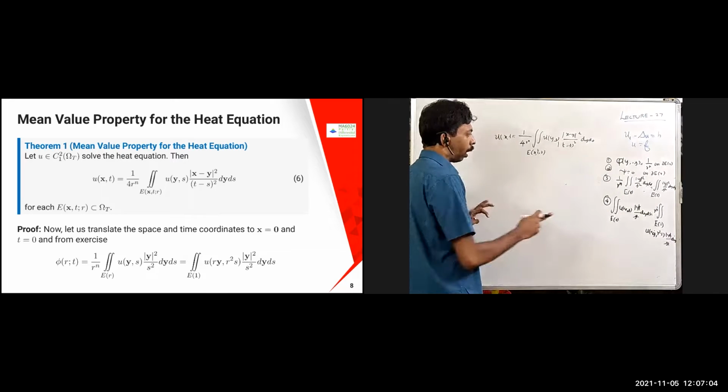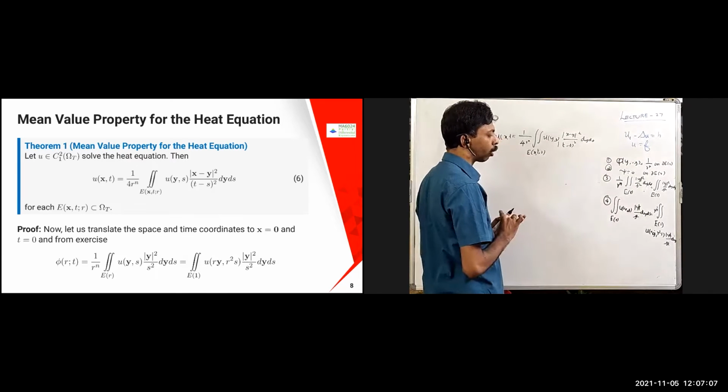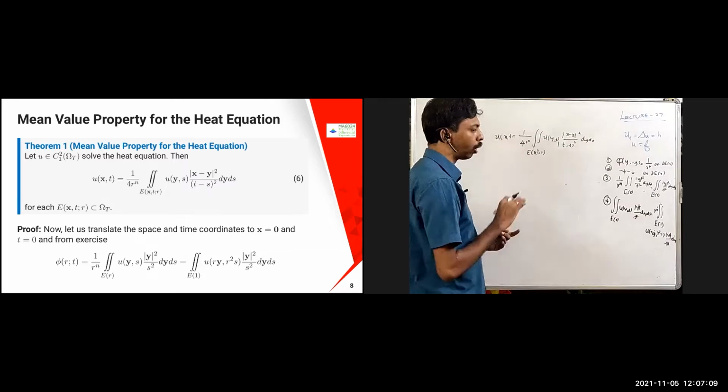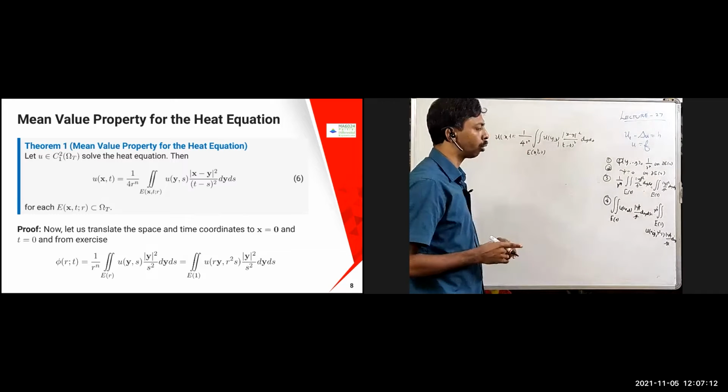As we have done this one, we are going to translate the problem from x to x equal to 0, and t equal to 0.